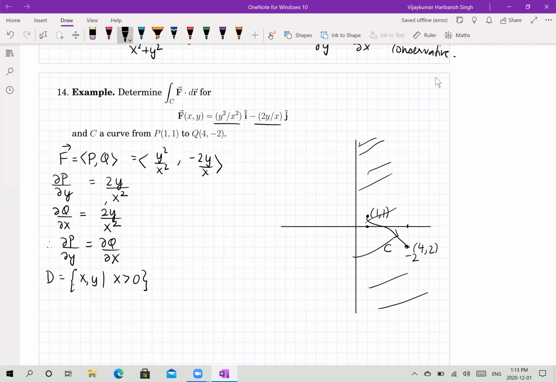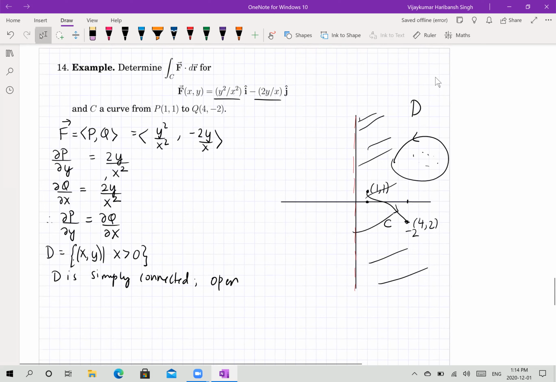So D is simply connected. Why? Because if you take any loop, any simple closed curve, all the points are inside the region D. So this is your D, simply connected and open. Why open? Because this boundary is not there.